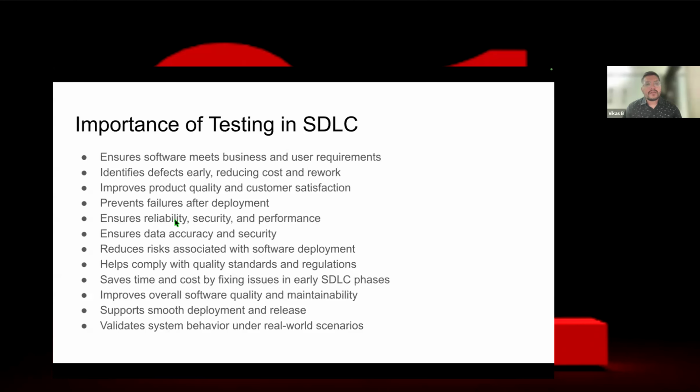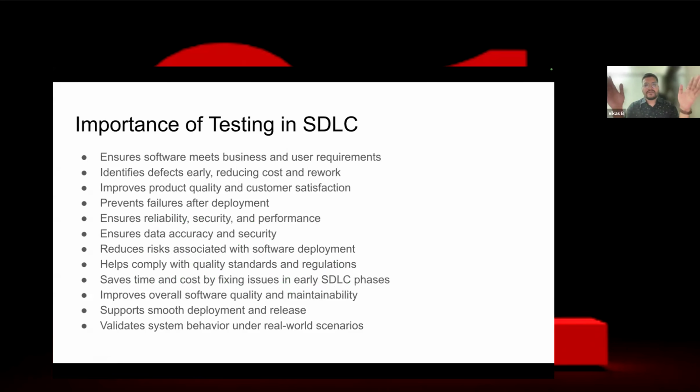Okay. As a QA, we are more about reliability, security and performance, data accuracy and security, reducing risk associated with software development, helping comply with quality standards and regulations, and saving time and cost by fixing issues. I have already mentioned that we need to fix the defect early in the SDLC cycle, guys.